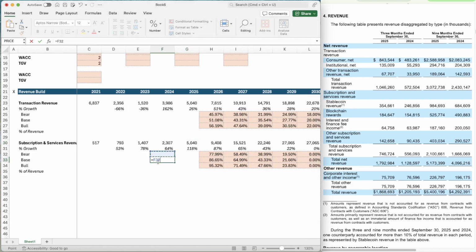Or let's work out what the multiplier is going to be. 2024 by 1.